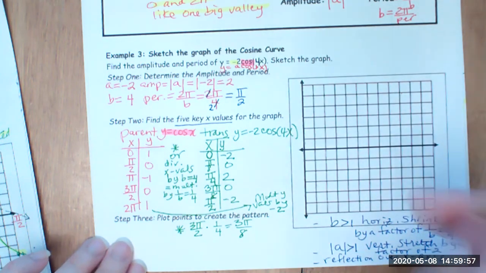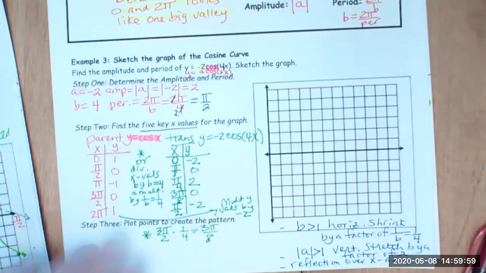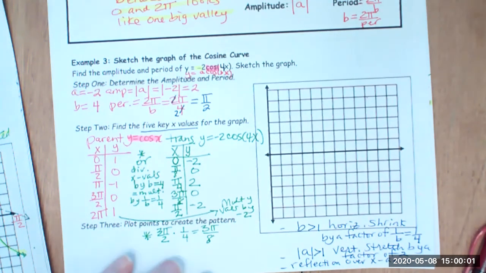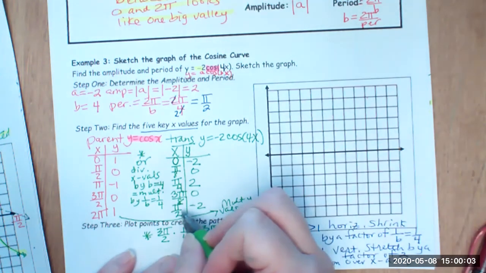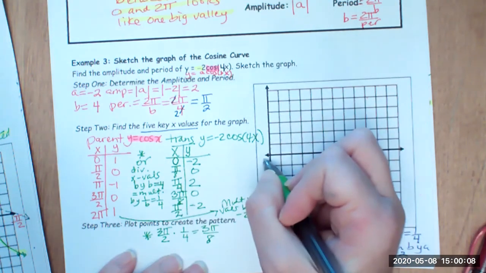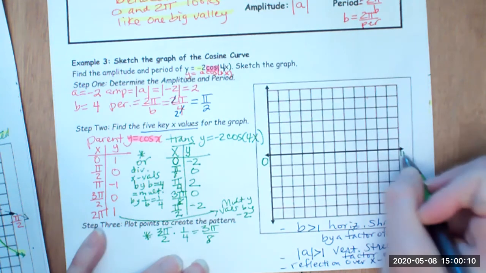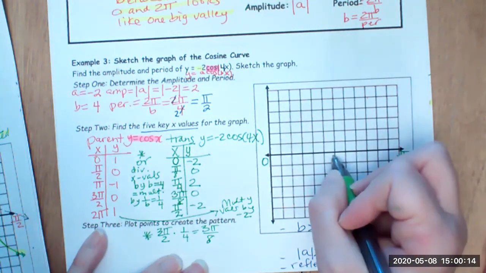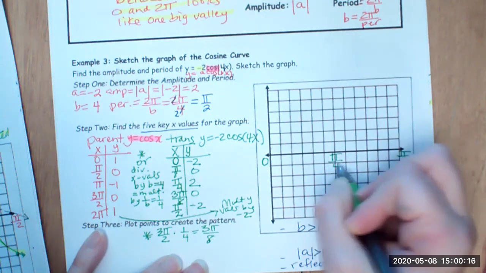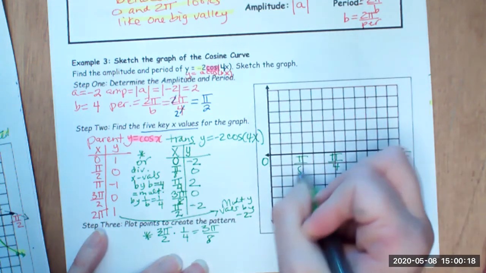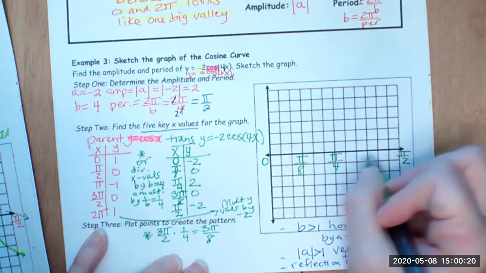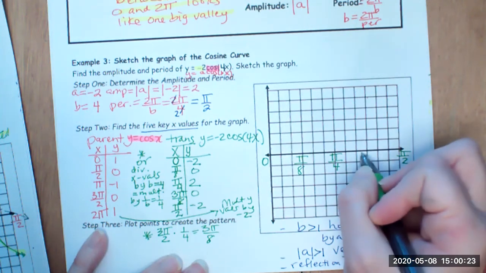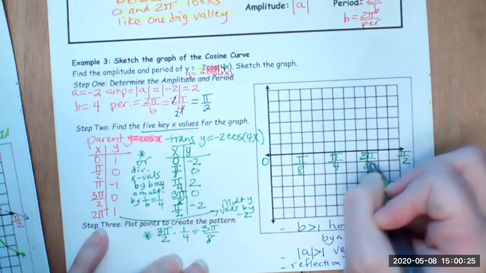Okay? All right, so let's go ahead and graph. So for the transform function, I'm going to transform the graph by going from 0 to pi over 2, the period. And half of the pi over 2, of course, is pi over 4. Half of pi over 4 is the pi over 8. And then, of course, adding on another pi over 8 to pi over 4 gives me 3 pi over 8, right?